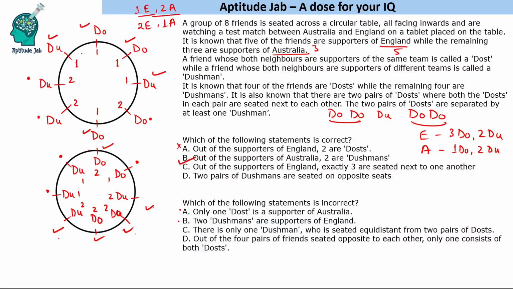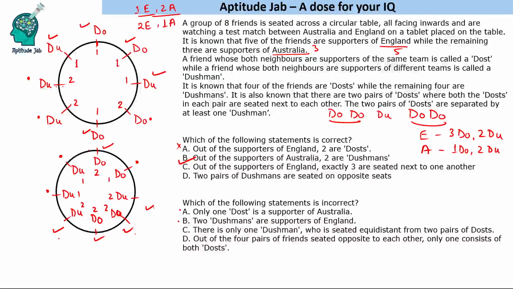So one dushman, right? Is he equidistant from dost? So he is equidistant from one pair of dost. He is also equidistant from another pair of dost. मतलब ये जो opposite है, right? He is equidistant ना? First second person to the left, second person to the right, third person to the left, third person to the right. So he is equidistant from 2 pairs of dost. Okay.